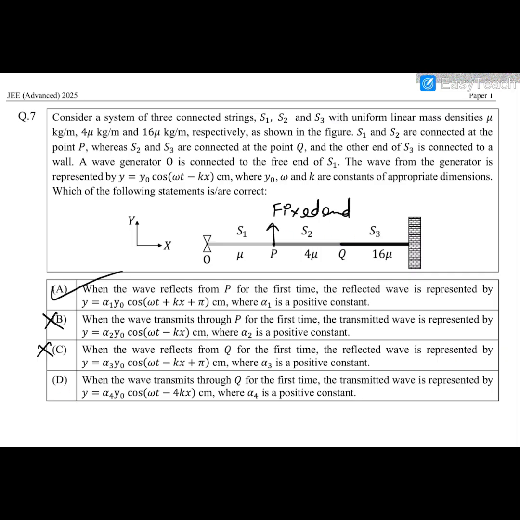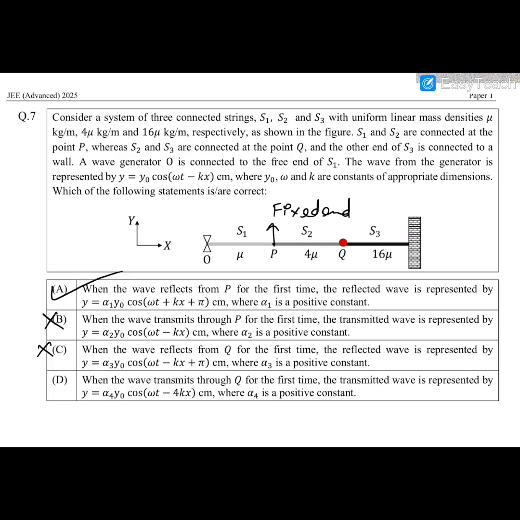Now in option D, when the wave is transmitted from Q for the first time, the transmitted wave is represented by this equation. First of all, we know that amplitude would change, so this is correct.